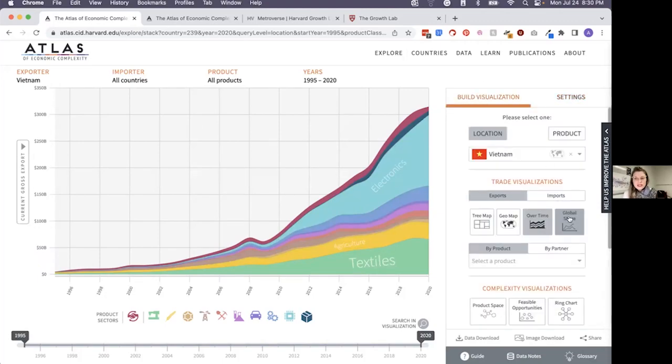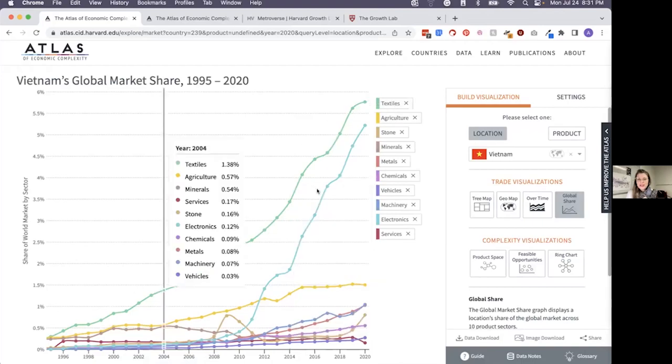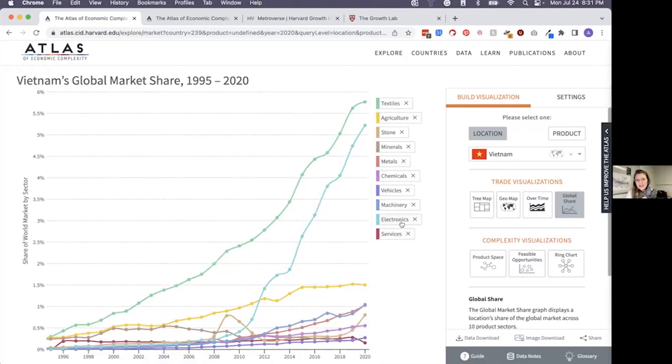Another really interesting over-time visualization in the Atlas is market share. So here we're showing Vietnam's global market share per sector over time as well. And of course, for every country, this is always a very, very interesting visualization because we often see surges and drops. And so here we have Vietnam's market share in textiles in green, skyrocketing. And then, of course, here are those electronics once again.